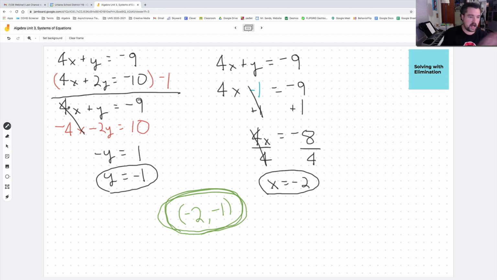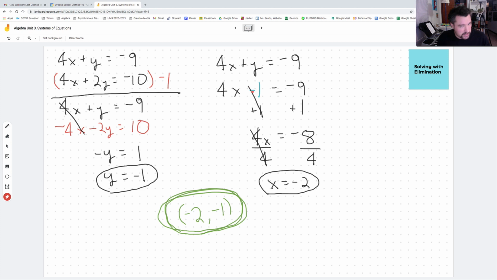Then I think of my columns, right? Column here, column here, column here. So my x's cross out. 4 minus 4 is 0, that's why there's nothing there. Positive 1 minus 2, that's going to be a negative y. And then negative 9 and 10, that's a positive 1. That's real easy. I can flip both of these and get a positive y equals negative 1.